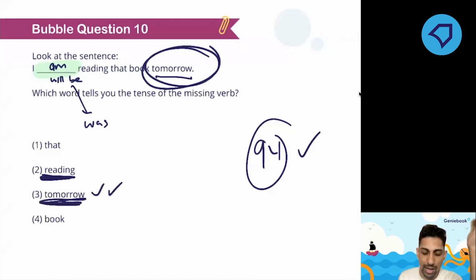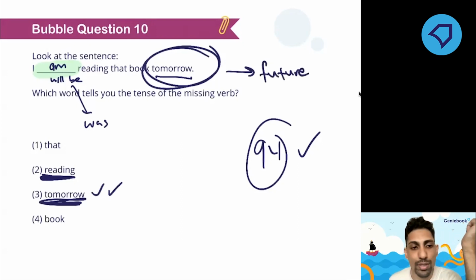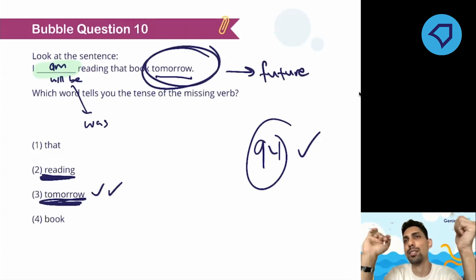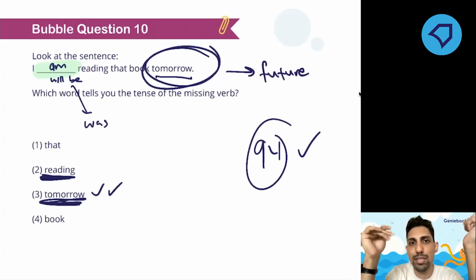If the sentence was just reading that book, then yeah, reading is a clue. But now I'm telling you that it's about the future. So we cannot have all the past tense verbs, right? Tricky. So what you can do is whenever you have an answer, ask yourself if the other answers can fit and why not.